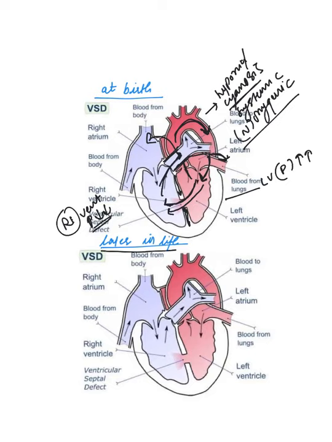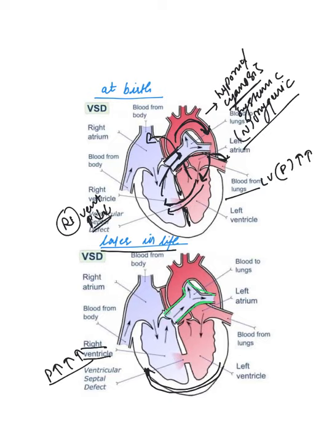But later in life, because of the chronic pressure and volume overload from the left ventricle to the right ventricle, pressure starts to increase. Also, the pulmonary capillaries are not used to handling so much, they are not capable of handling this amount of increased blood flow.